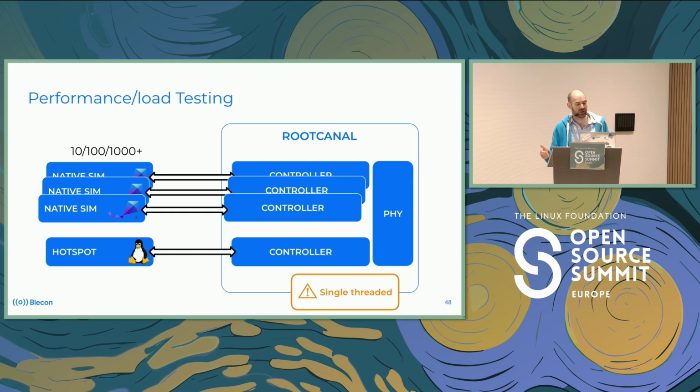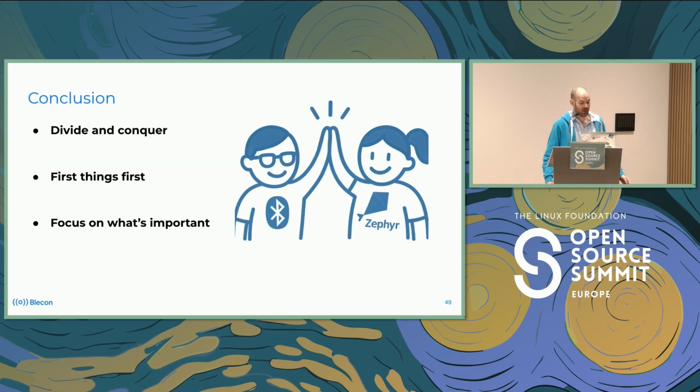So once you've exceeded a few hundred devices connected to Root Canal, it starts being a bit tricky, and you can't really scale it easily across cores or anything like that. So if we're going to do that, we would need to contribute some changes upstream. But that could be quite interesting, because a test bed with 10,000 devices starts being a bit difficult. You need a room for it, which we don't necessarily have.